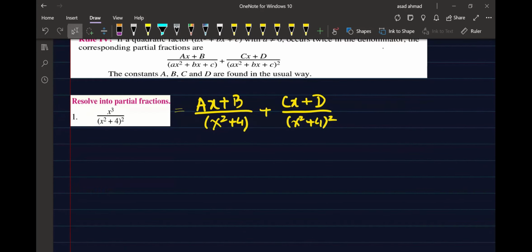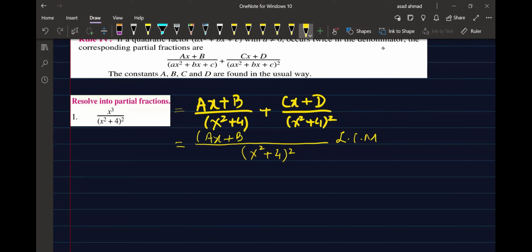The procedure is the same as we have done for the previous parts: we will first take the LCM, and the LCM will be x square plus 4 whole square. The x raised to power 4 term, with x square plus 4, will be cancelled with one power, and the term becomes ax plus b into x square plus 4.